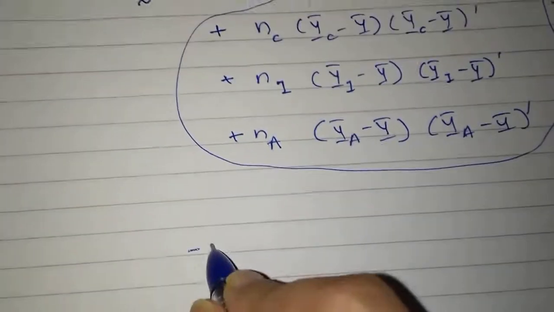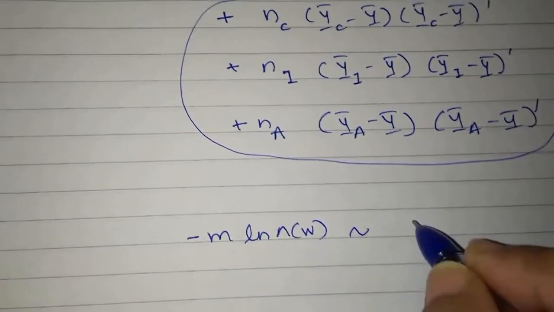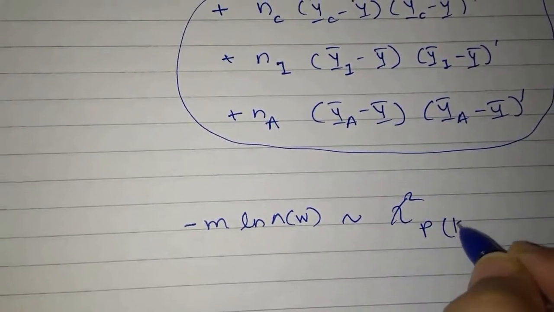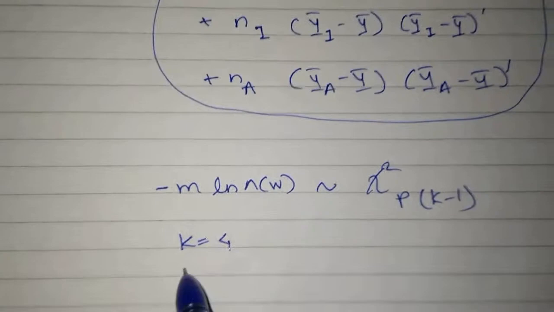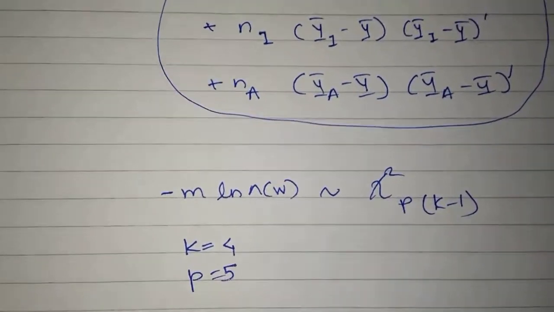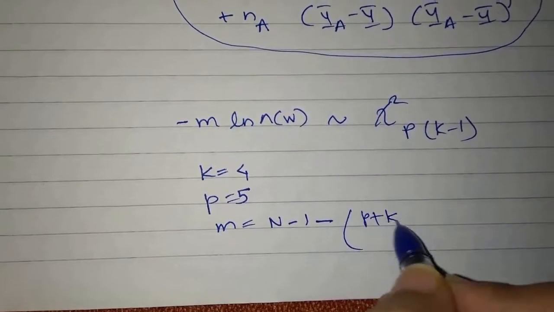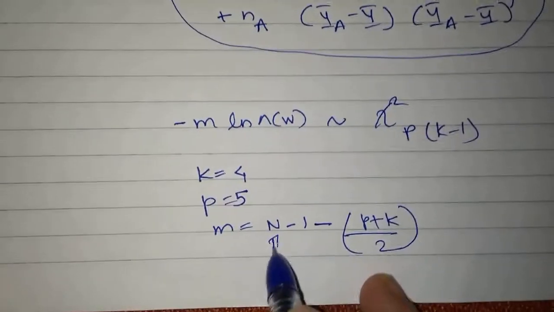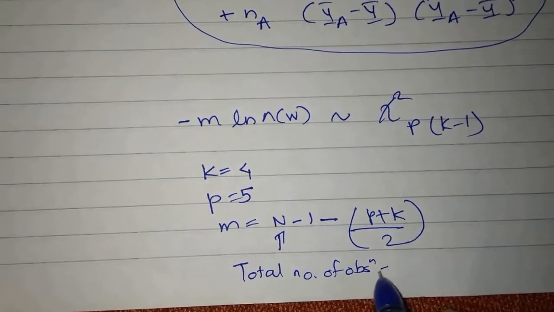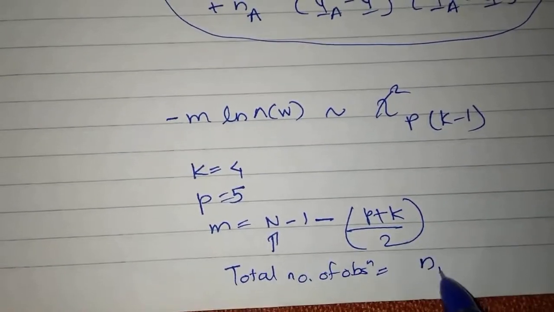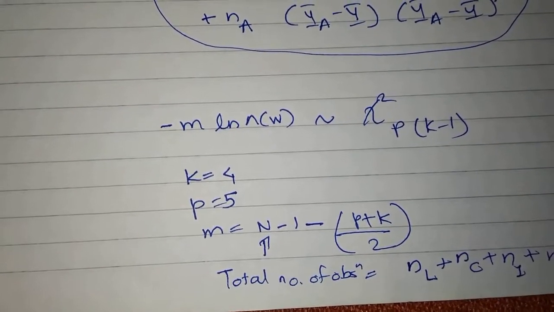And we have the approximation that minus m ln lambda follows chi square with p into k minus 1 degrees of freedom, where k is the number of groups, so here it is 4, p is the number of variables, so here it is 5, and m is n minus 1 minus (p plus k) by 2, where n is the total number of observations from all sites. So this n would be NL plus NC plus NI plus NA.